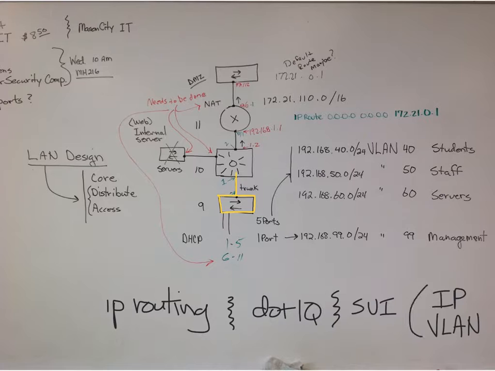And then these IPs will be the default gateway for all your devices down here. And they'll get their information from DHCP, so the DHCP will also be done in the multi-layer switch. And so you'll identify what you're going to exclude in the network and so forth.